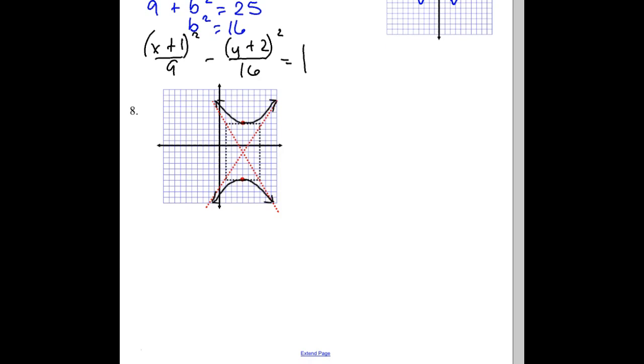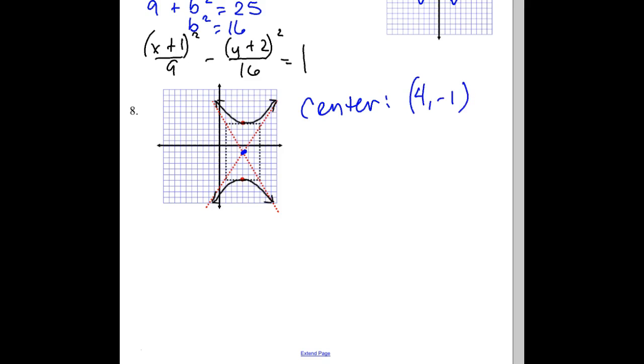I'm giving you the same information except I've already graphed it for you, right? So from our picture, what can we find? We can find A, we can find B, and center, and that's all we need, right? So let's start with center. My center is where my diagonals cross, right? Where those asymptotes cross. So what's this point? 4, -1.